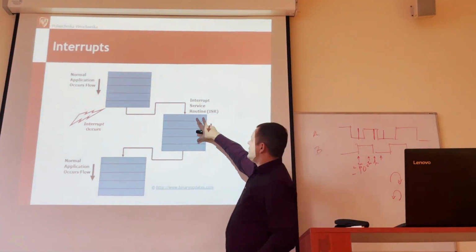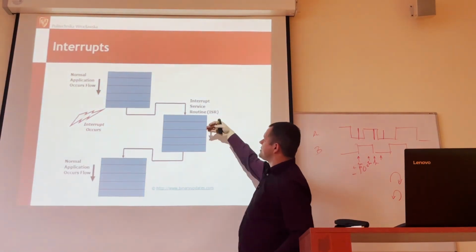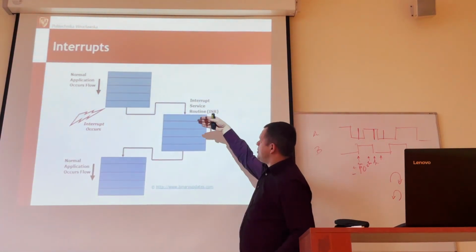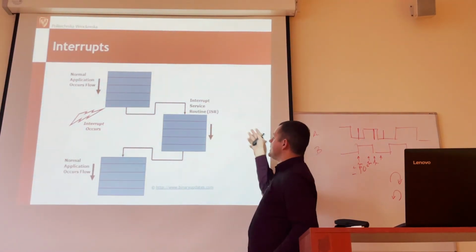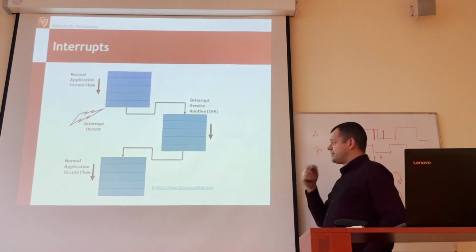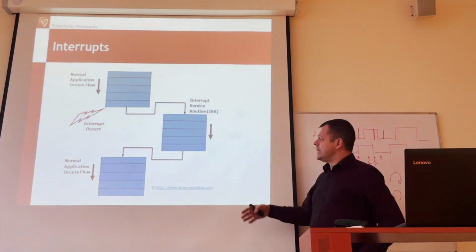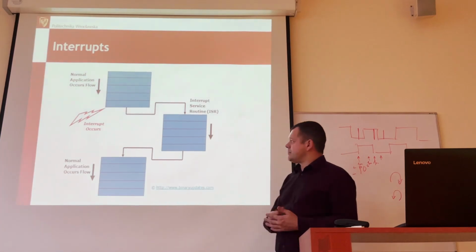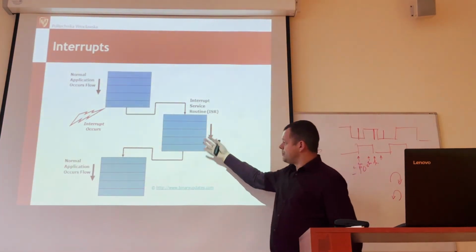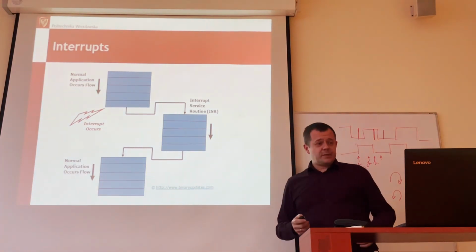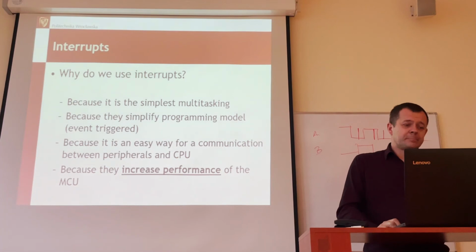So we can make another interrupt service routine of higher priority, pausing the execution of this lower level interrupt service routine, and then we can force the microcontroller to execute another service routine, or we can make some small list of interrupt service routines that will be executed. Many options we have, but still, this is the simplest multitasking.